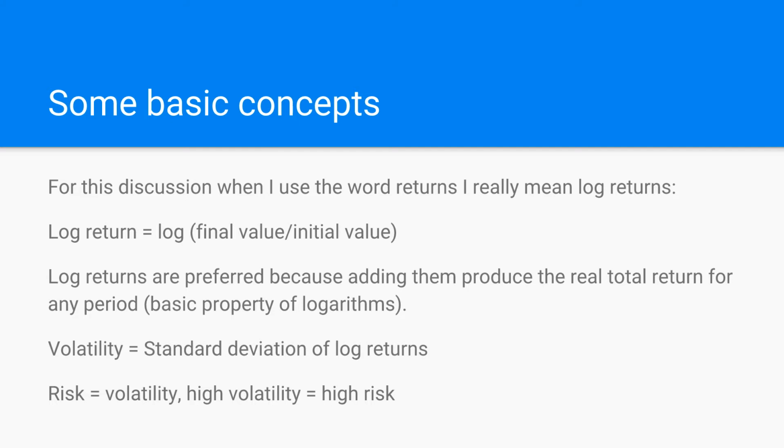Conversely, if you compute the volatility of, for instance, a currency pair like dollars, USD, euros, the EUR/USD pair, and compute the standard deviation of the log returns for that kind of pair, you will notice that it's very small. So it has less volatility. And so forth. You can compute the volatility of all sorts of asset classes or securities, and you can derive a measure of risk based on that value. The higher the volatility, the higher the risk.